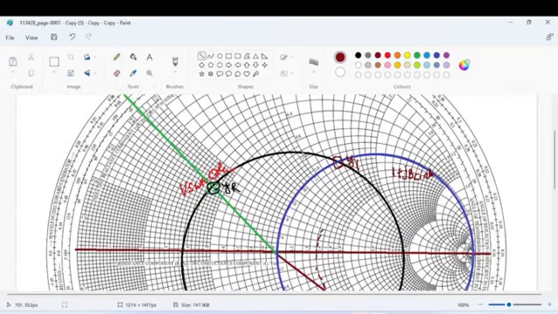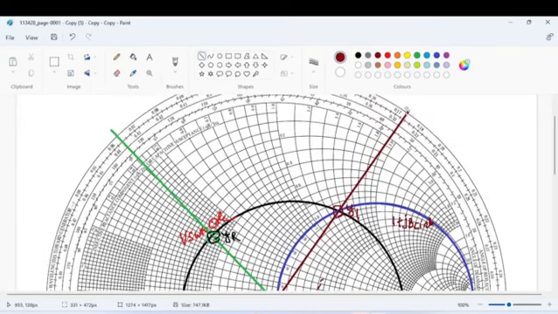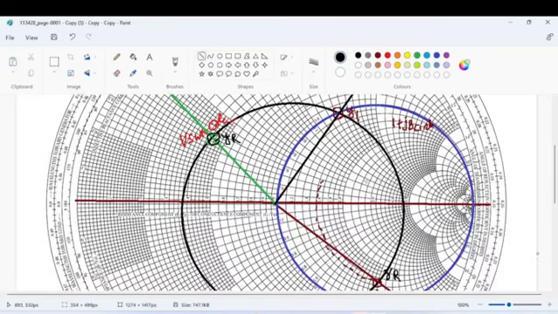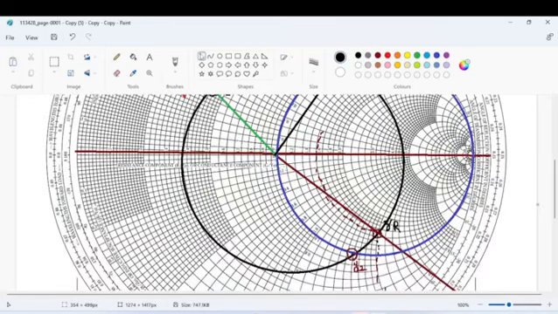Next, for finding the distance, you have to extend y1 from the center to the outer side of the Smith chart, and similarly draw a straight line from the center towards y2.